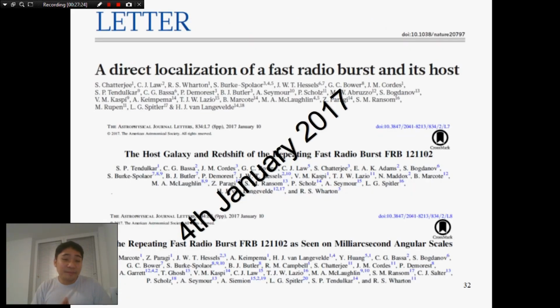This paper came last Thursday. Good news, we can localize the host galaxy of a repeating fast radio burst. And if we can detect the host galaxy, we can measure the redshift and compare the estimated redshift and the true redshift.